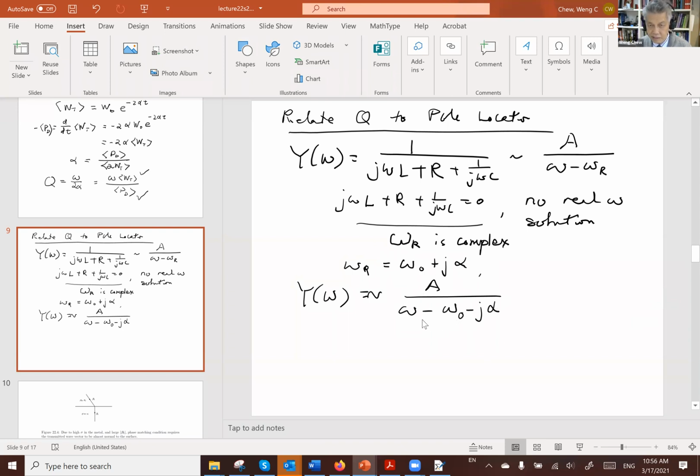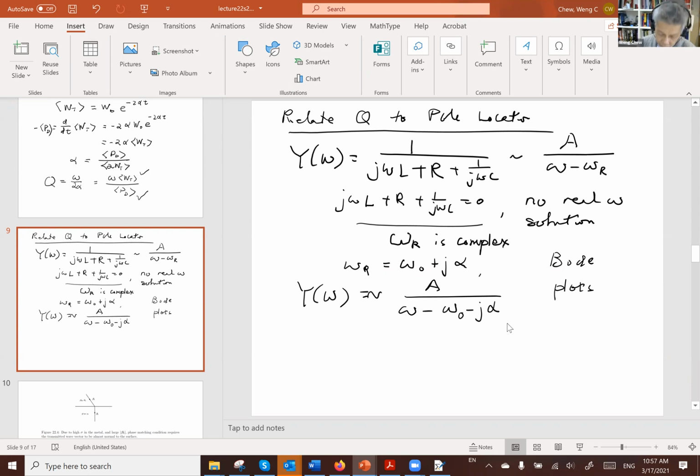And when it starts to move away from this complex number, it starts to become smaller and smaller, which means that you probably have done something called a Bode plot in your undergraduate days. If you've done Bode plots, you can see that this thing peaks when omega equals omega naught, and then it starts to diminish when omega is larger than omega naught.